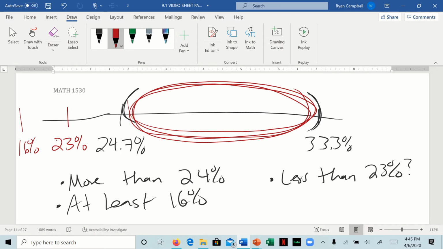It's actually more than 23, not less than. So no, we couldn't say that. But we could just change it to more than, and that would be okay. All right, hopefully this is starting to make sense. Let's look at a couple more examples.